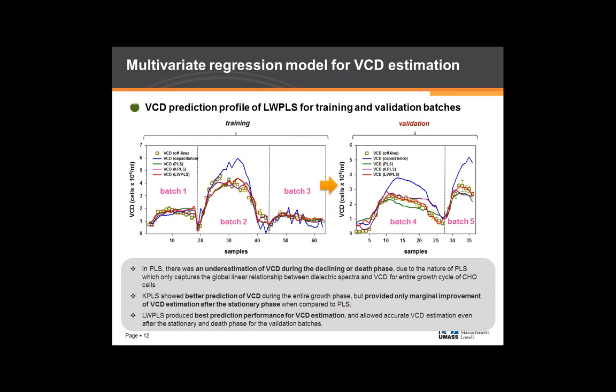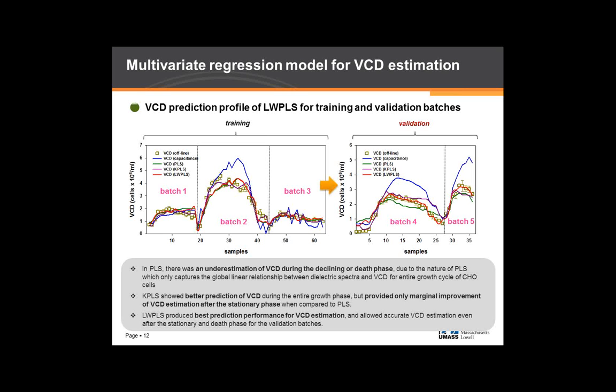And we tested those 3 different types of models, and as you see from the chart of the training data set and validation data set, the red solid line is based on the locally weighted partial least square regression, and the square is the offline viable cell density measurement, and the locally weighted methodology is giving the best matching performance.